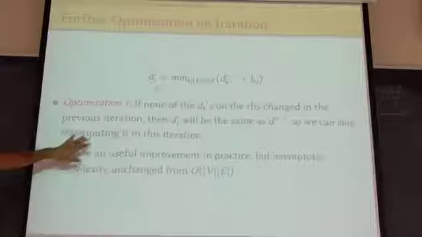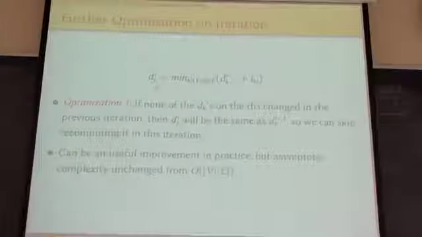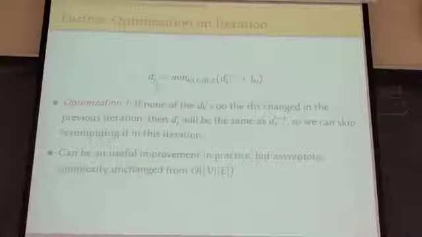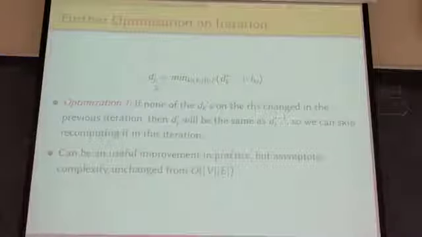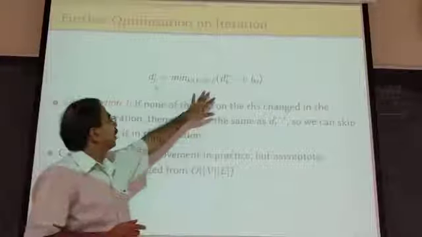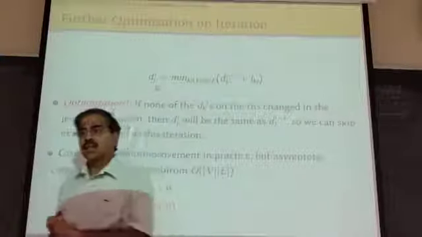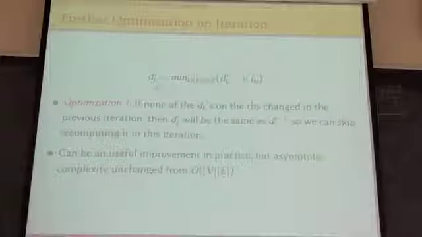And in practice, this can yield somewhat better performance on Bellman-Ford. But the problem is, if you want to show the asymptotic complexity, you won't be able to show that the number of iterations will always reduce.